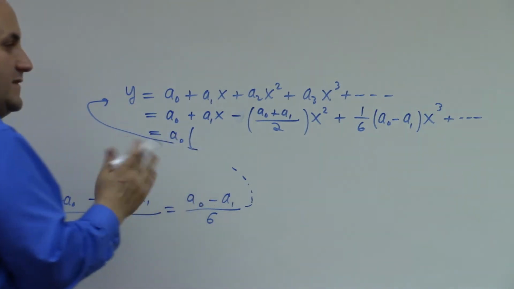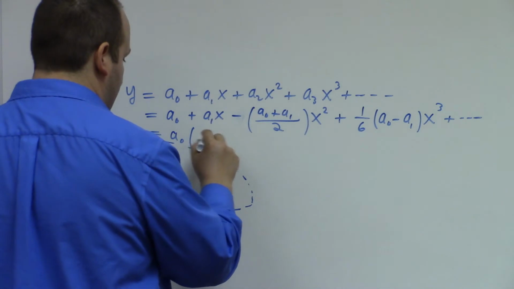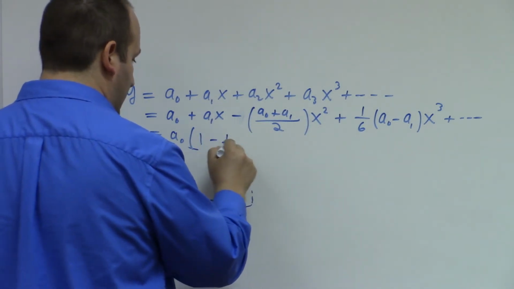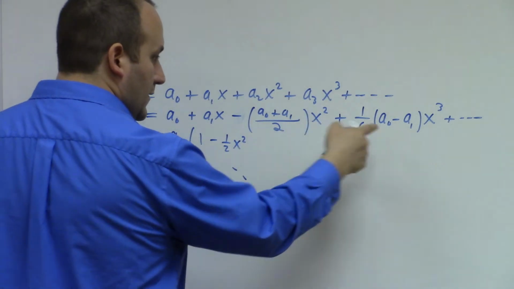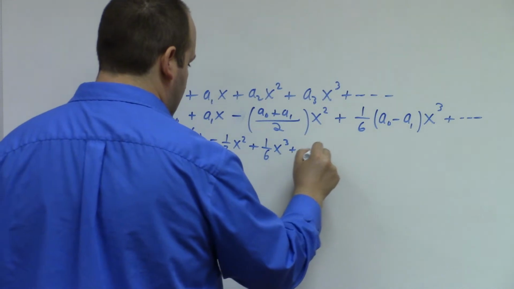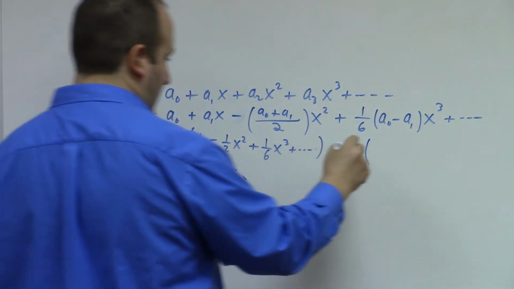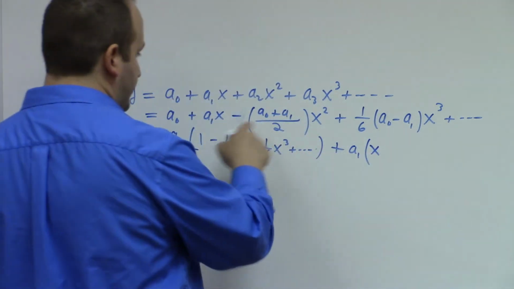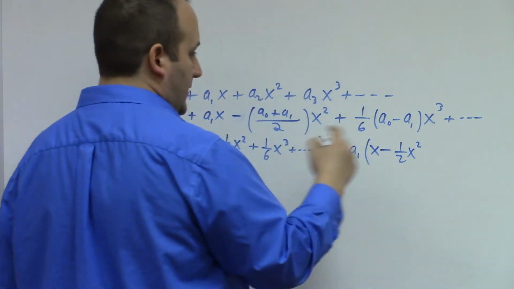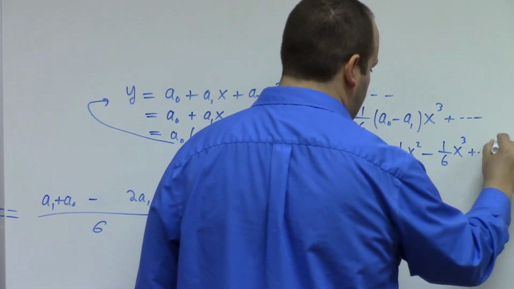So you can start to see the two fundamental solutions appearing. One of the fundamental solutions has power series expansion 1 minus 1/2 x squared plus 1/6 x cubed plus dot dot dot, and then you've got plus a1 times x minus 1/2 x squared minus 1/6 x cubed plus dot dot dot.